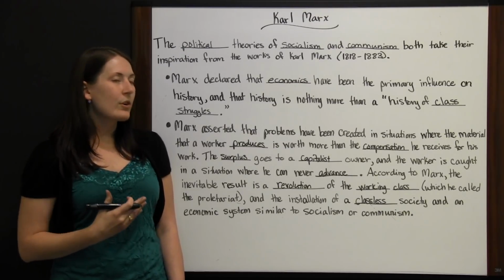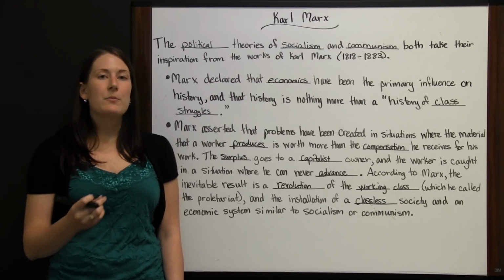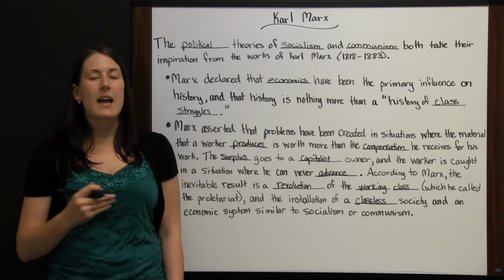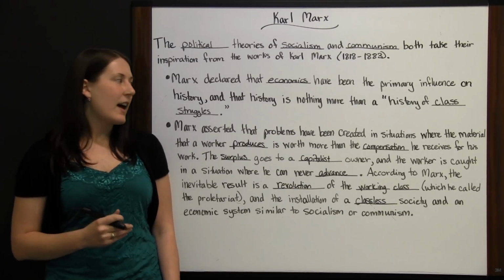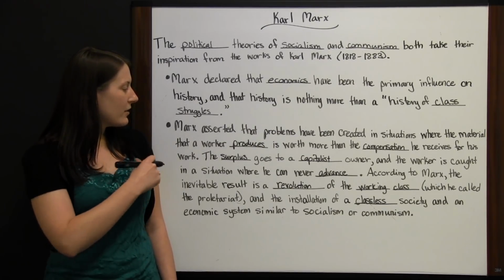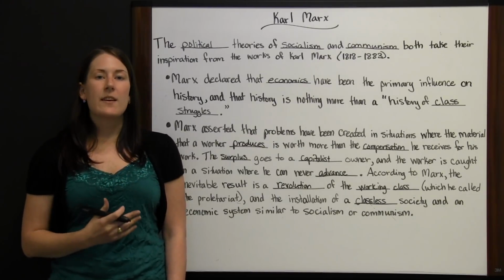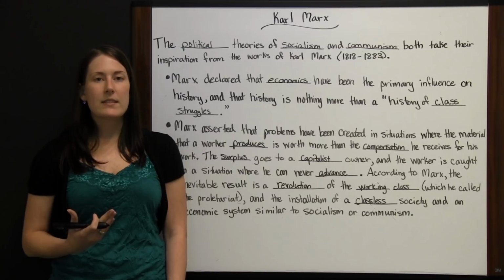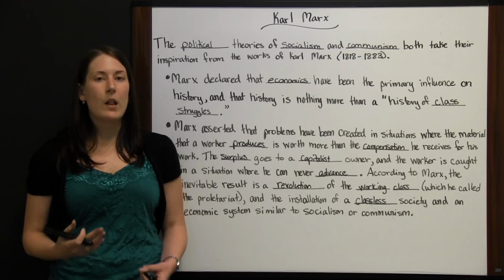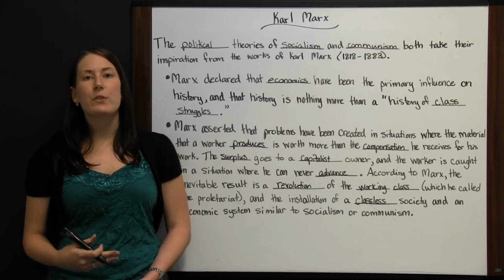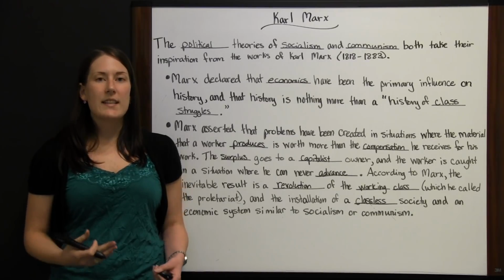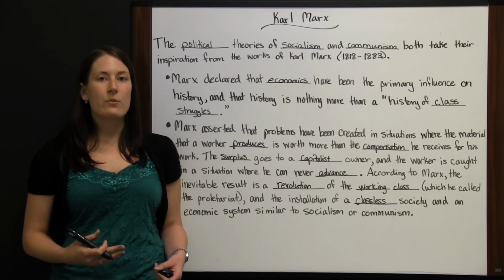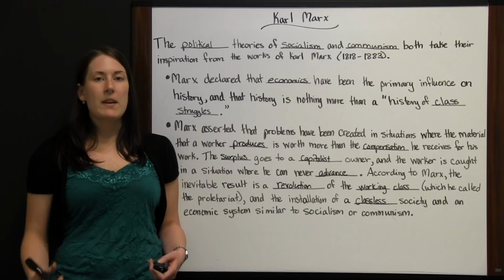Anything noteworthy in history is going to be able to be traced back to economics and how that influenced the class struggles. And he also argued that any system that is trying to be a capitalist system is eventually going to fall apart because the working class will revolt and try to establish either a socialist or communist system in its place.